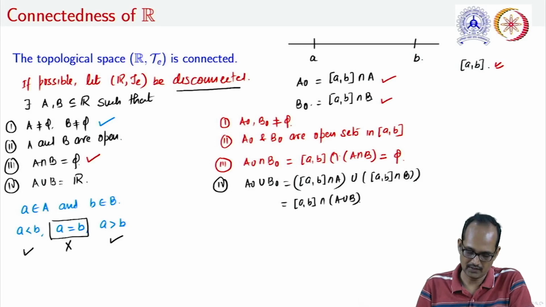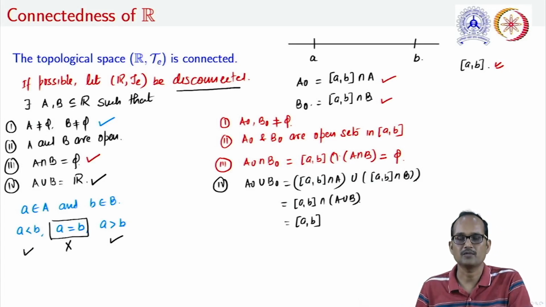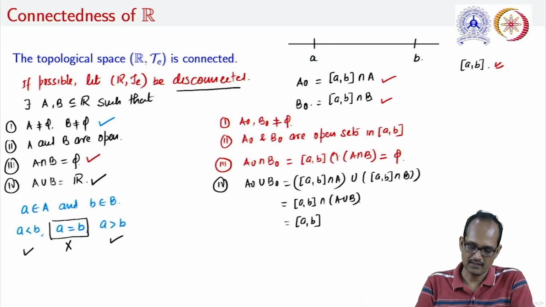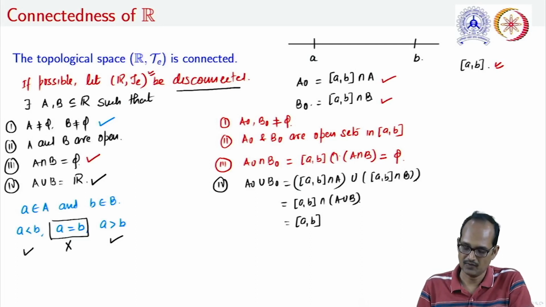But note that A union B is R, therefore this is precisely the closed interval [a, b]. Thus, what we have seen is that if the real line with Euclidean topology is disconnected, we can also create a separation of the closed interval [a, b], and that separation is given by the pair A naught, B naught.